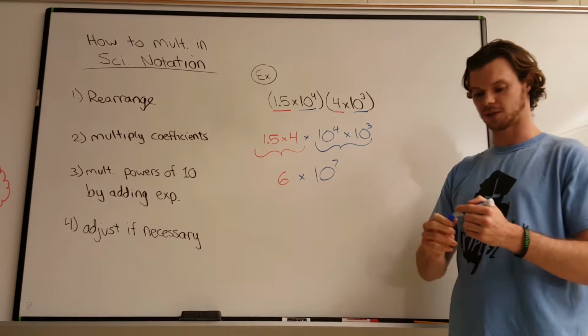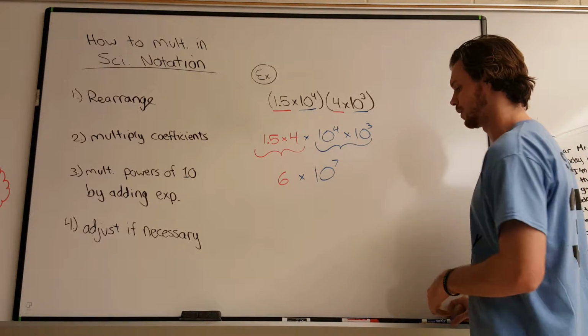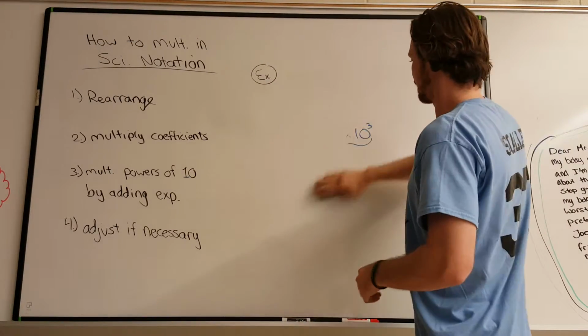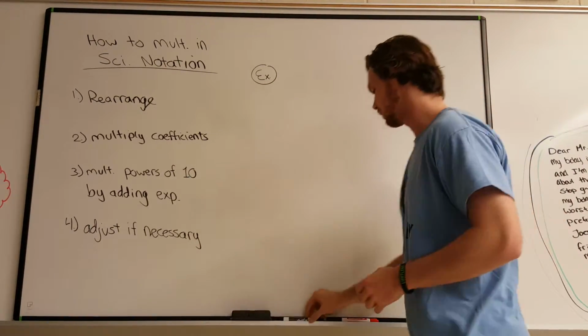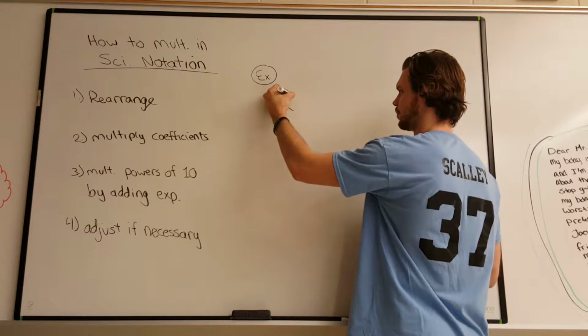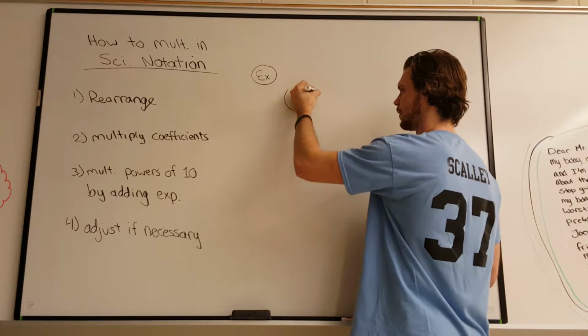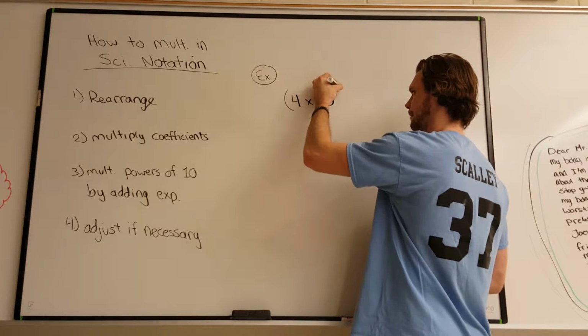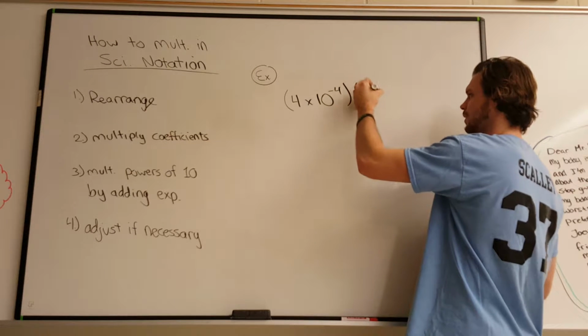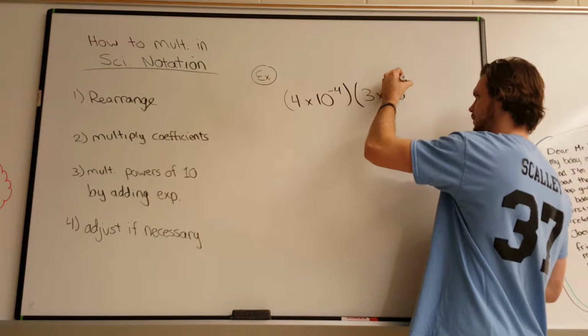The next example I'm going to do, you will need to do step 4. So new example, I'll just go with some easy numbers. 4 times 10 to the negative 4th times 3 times 10 to the 7th.